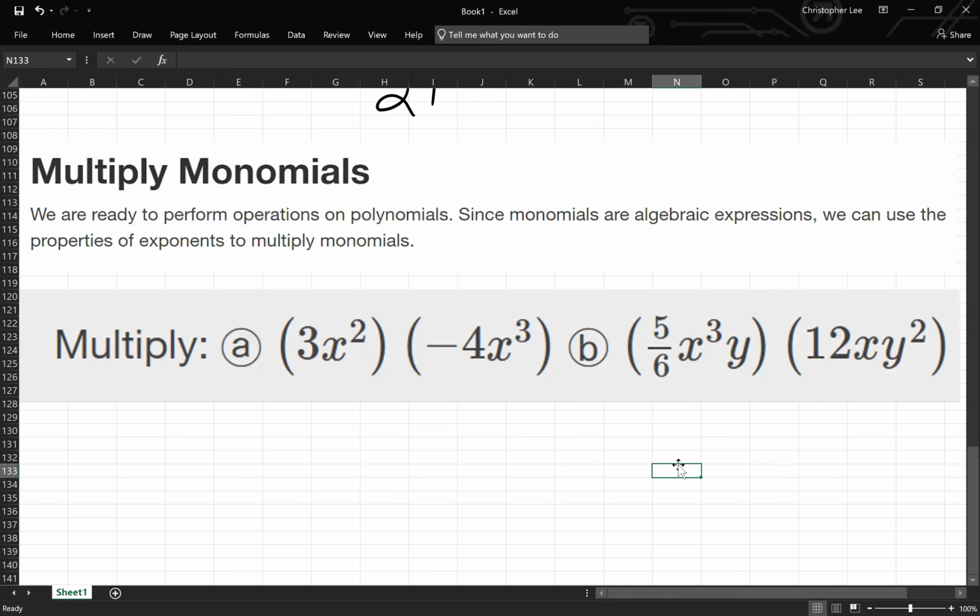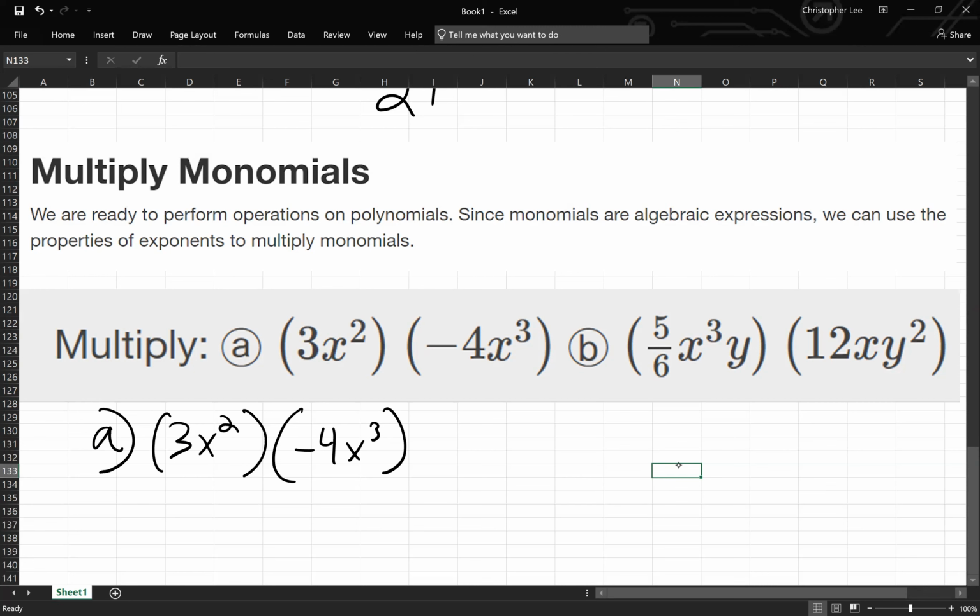I have 3x squared times -4x to the third power. Real simple, real nice. So here's what you want to remember when you're multiplying these: numbers with numbers, variables with variables.